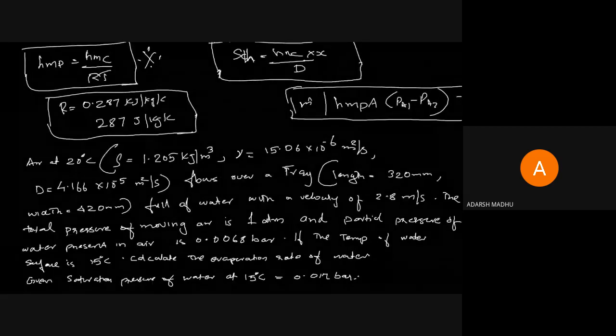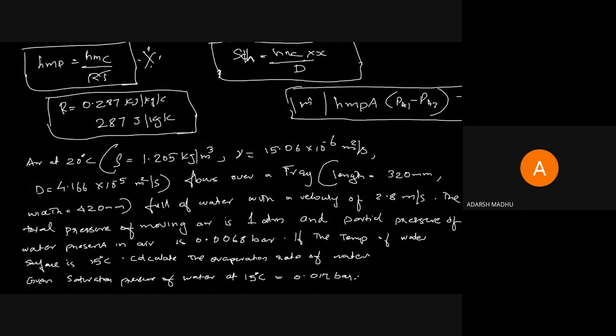It is a flow over a plate, over a tray. So the length of that particular tray is 320 mm, that is 0.32 meter. Width equal to 420 mm, that is 0.42 meter. Velocity u is given as 2.8.